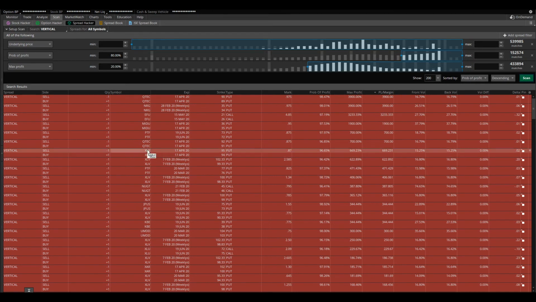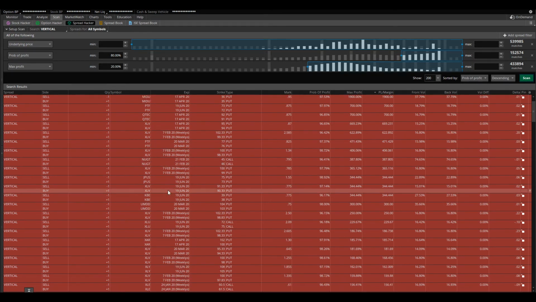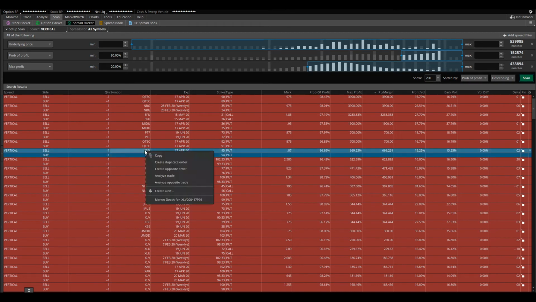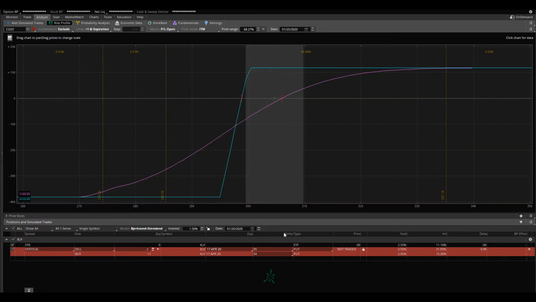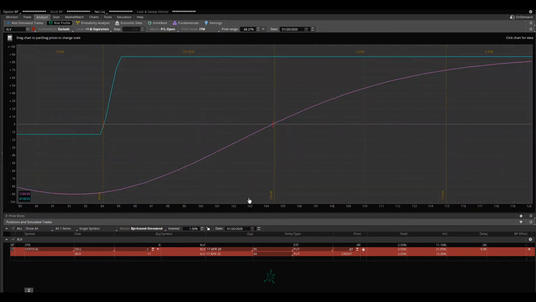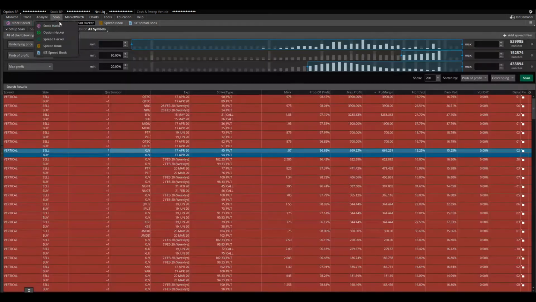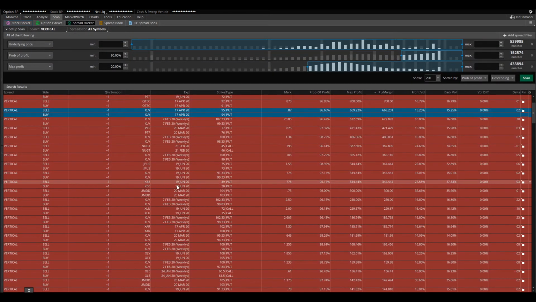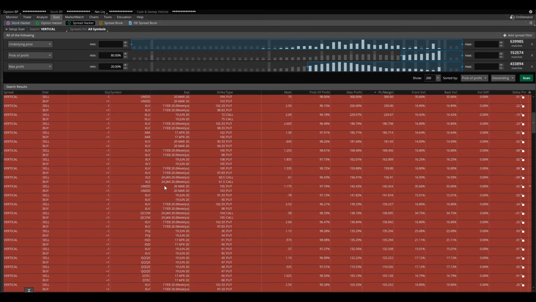XLV is in a lot of these for some reason. So these options are going to be all screwed up because the market is closed. Let me see if I can find one.